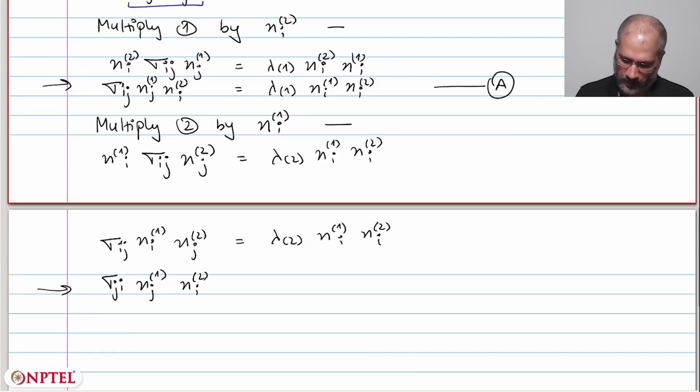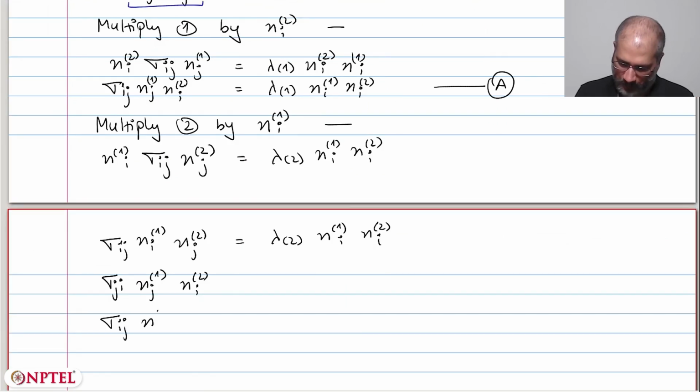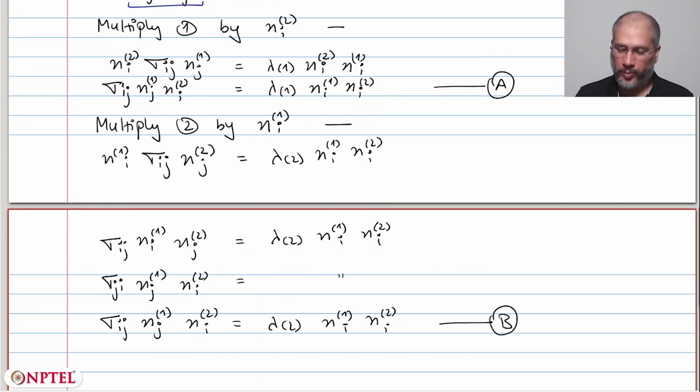So this can be written as sigma ij n1j n2i. This is equal to lambda 2 times n1i times n2i. And this is what we'll call B.